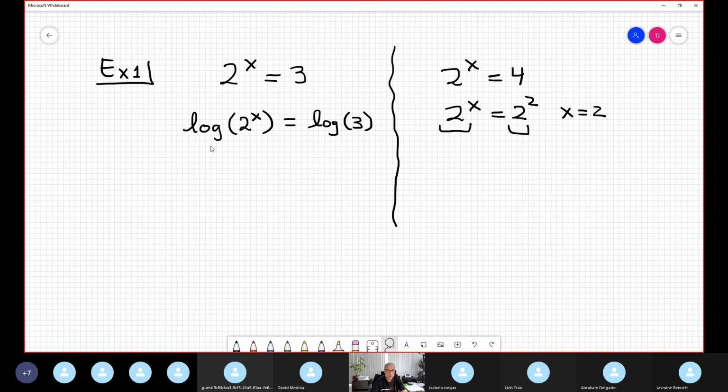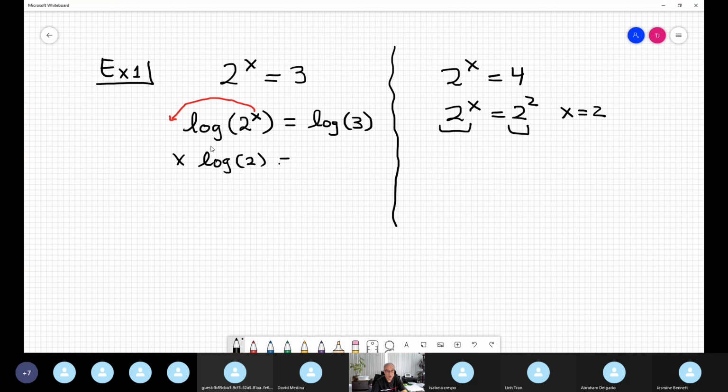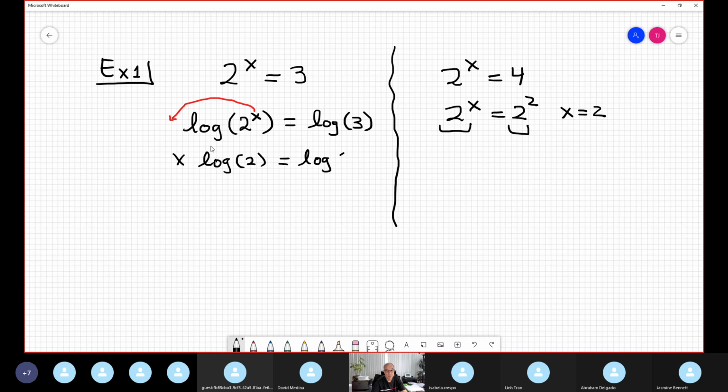Okay, now in this crucial moment you apply property number 7, which allows this exponent to go to the front as a factor. So we have x times log(2), without x because x flew outside, equals log(3). Finally, solve for x: divide by log(2) on both sides, similar to a linear equation.